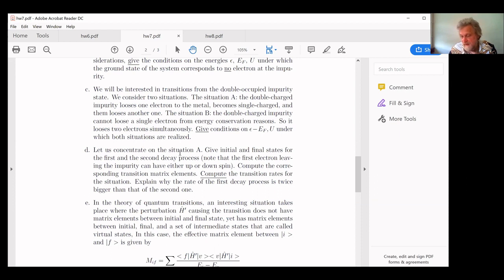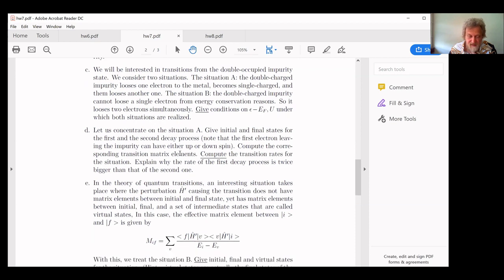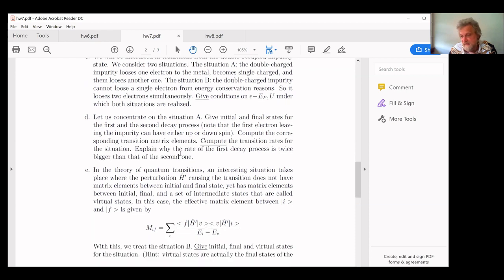Right. Situation A is a simple situation, so we can immediately address it in point D. Initial and final states for the first and the second decay process. That's not very complex. Initial state for the first process, double occupation, final state, occupation 1. For the second stage, initial state is occupation 1, final state occupation 0.